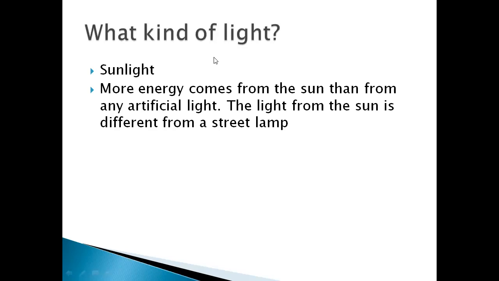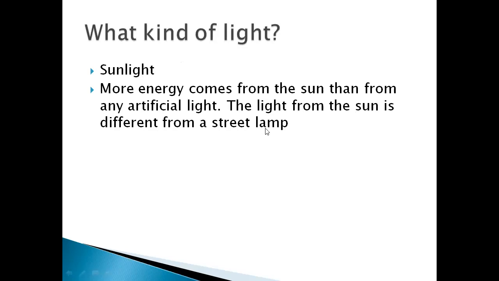Second, what kind of light? Obviously, sunlight for the plant. Sunlight is more important. Yes, other light also, but other lights don't have a lot of the waves which a plant needs. More energy comes from the sun than from any artificial light. The light from the sun is different from a street lamp.